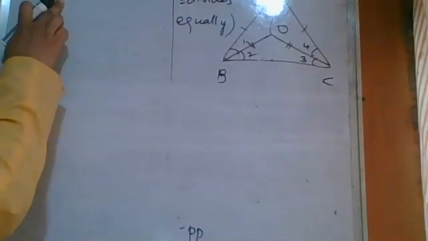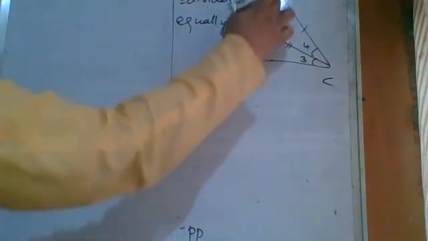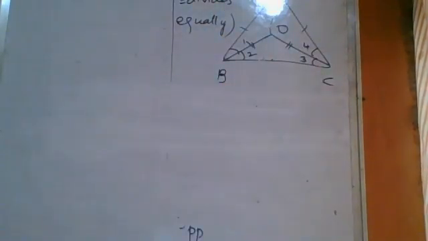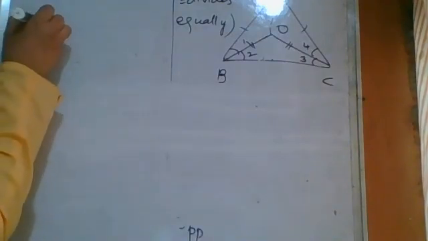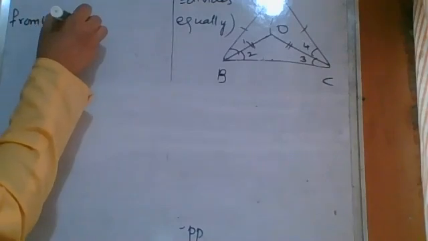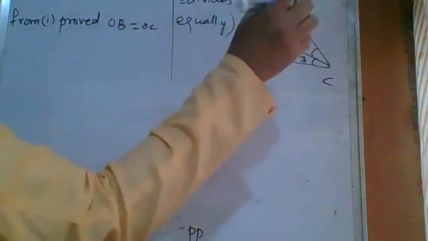Now we have to consider triangle OAB and triangle OAC. Already we have proved, from the first proof, OB is equal to OC. We got one side, and OA is called a common side.